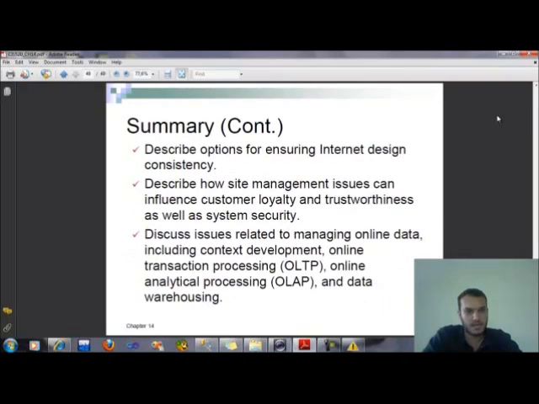You can look at the last page, and describe options for ensuring internet design consistency. Describe how advertisement issues can influence customer loyalty and trustworthiness, as well as system security. And the last one we did learn, discuss issues related to managing online data, including content development, online transaction processing, online analytical processing, and data warehousing.